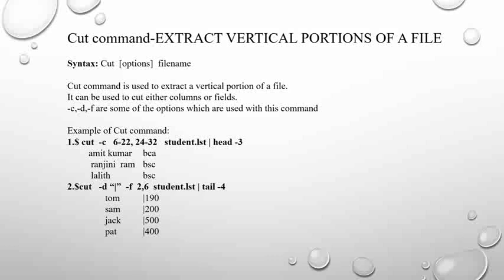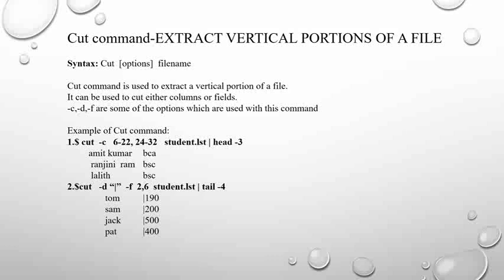Now here is the example for the cut command. You can see on the screen this cut command, and this -c will give you the columns. What is the range I am using? It is 6 to 22. The other one is 24 to 32; these are the ranges I am using on the student.list file.